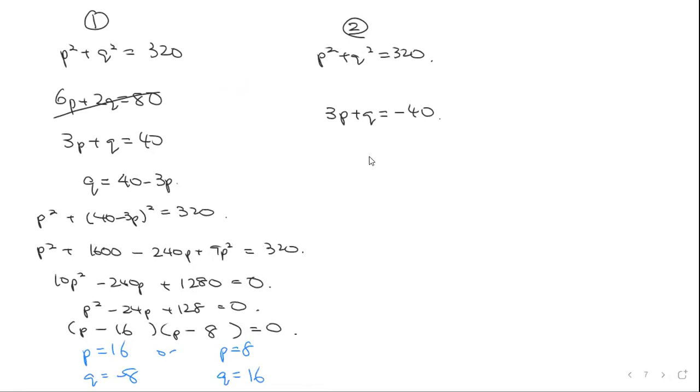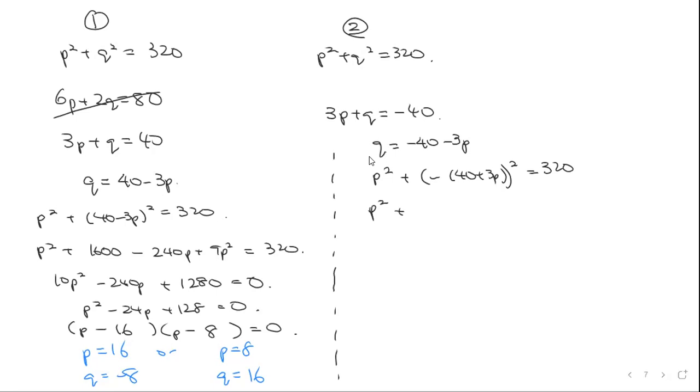Let's now solve this side. So we've got, I guess, q must equal negative 40 minus 3p. So you're left with p squared plus negative 40 plus 3p all squared equals 320. So the negative just cancels.